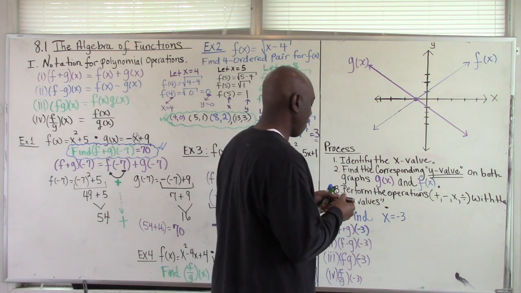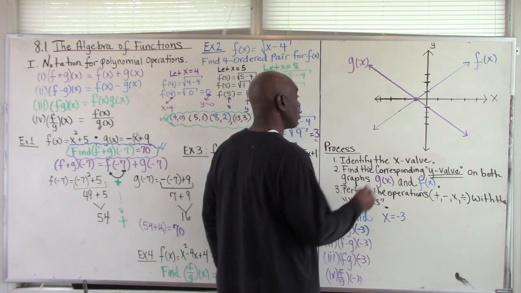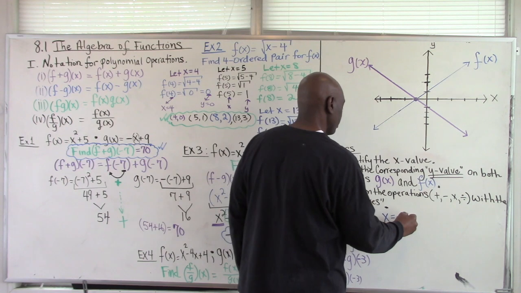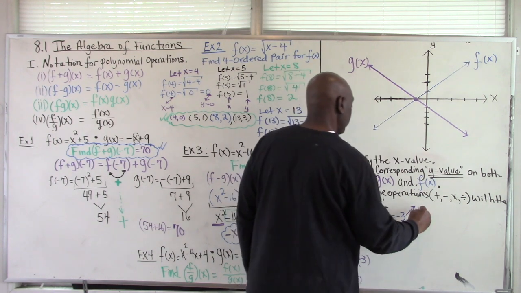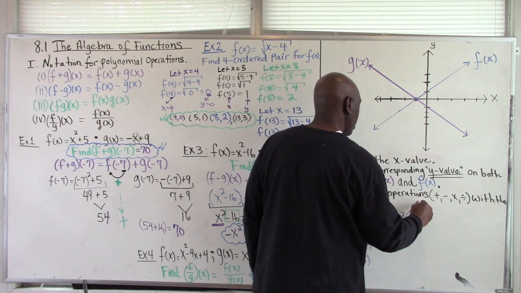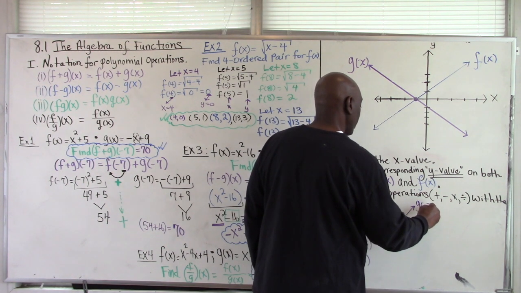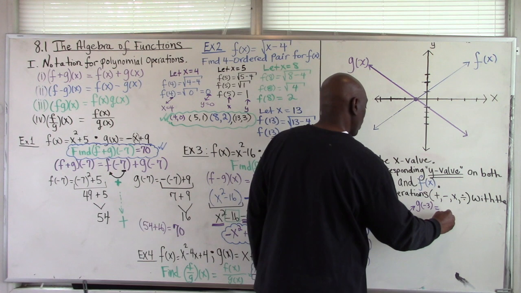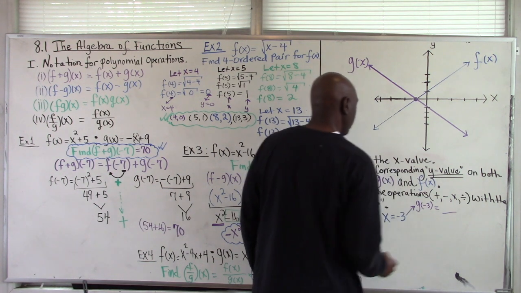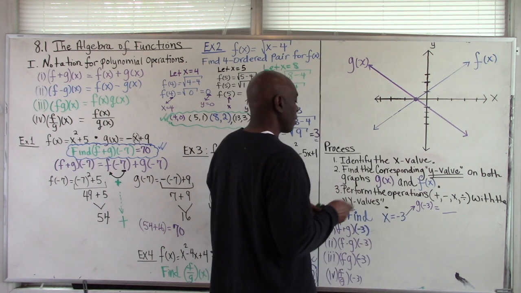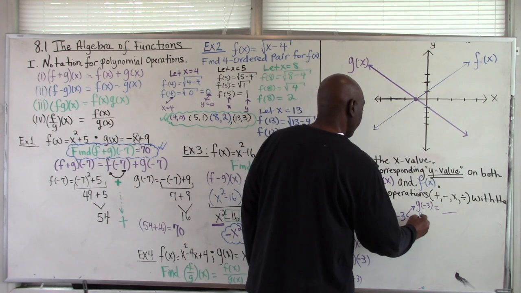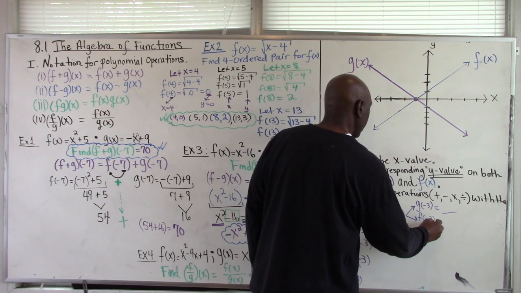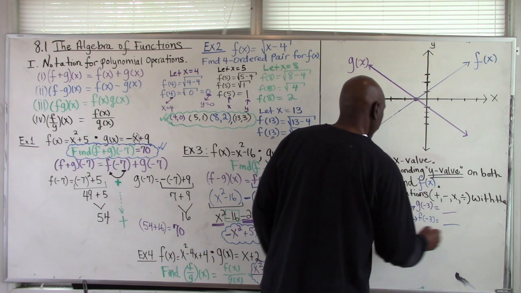Alright? And so if we do that, let's do the purple first. The purple line is g. So g of negative 3, what's my y value? Y value goes there. And then what is f of negative 3? Y value goes here.